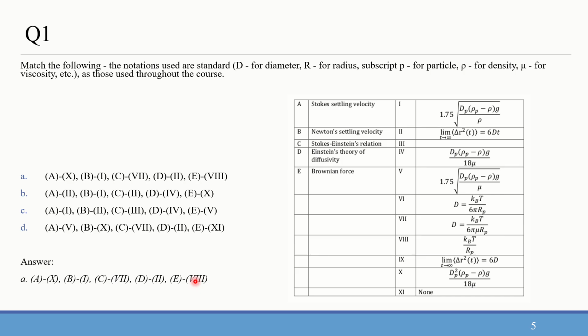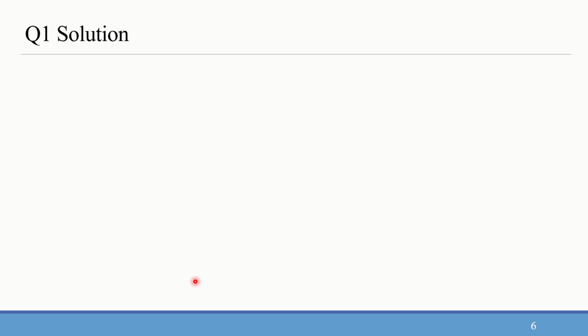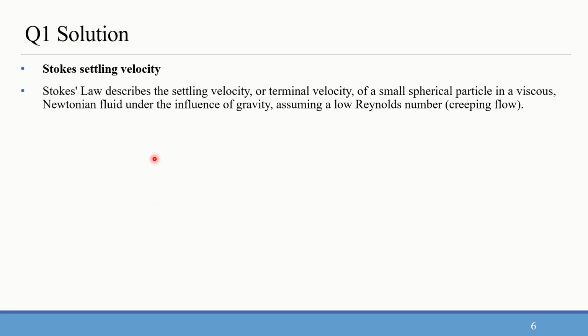So now we will look at the explanation one by one. So the first one is Stokes settling velocity. Stokes' law describes the settling velocity or terminal velocity of a small spherical particle in a viscous Newtonian fluid under the influence of gravity, assuming a low Reynolds number. So whenever we are talking about Stokes regime, it just means that Reynolds number is very low.